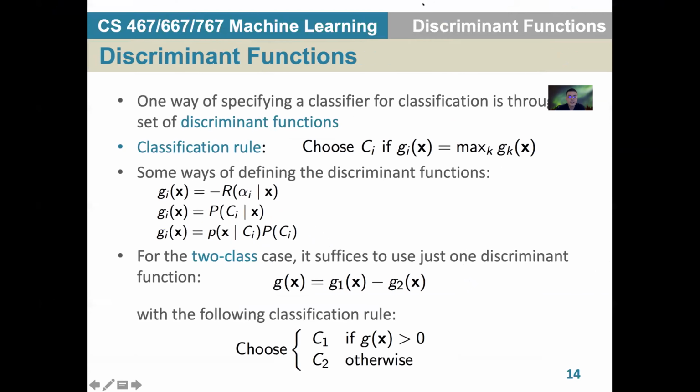If we define something like this, how do we judge whether an input belongs to C1 or C2? You check whether this new function g(x) is larger than 0 or not. When g(x) is larger than 0, it means g1 is larger than g2, so you use class 1. Otherwise, if it's smaller than or equal to 0, it means g1 is less than g2, so you use class 2.